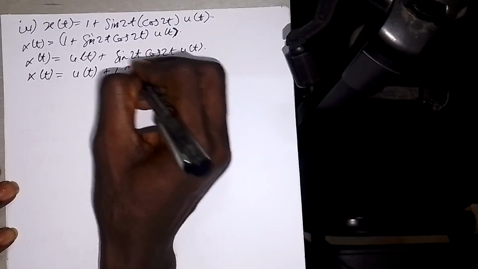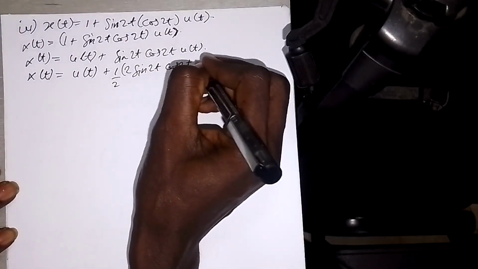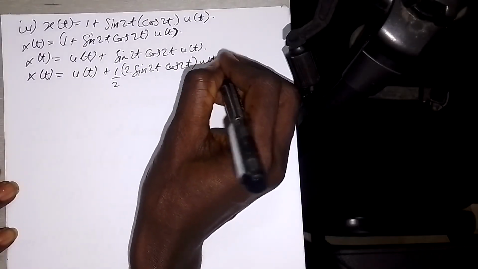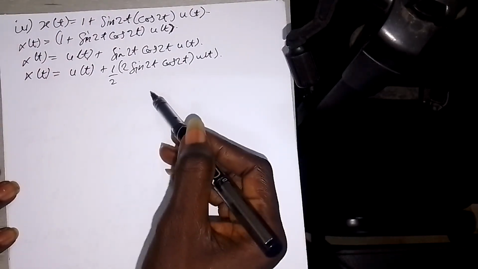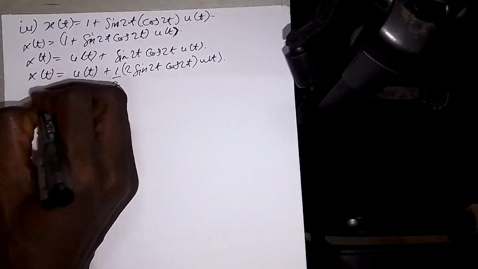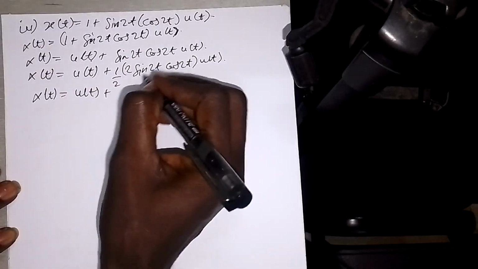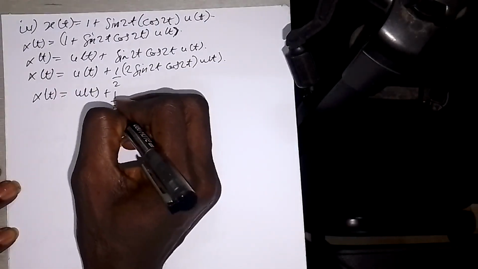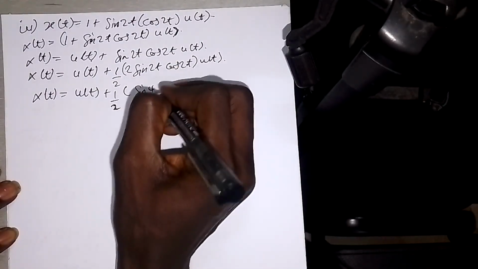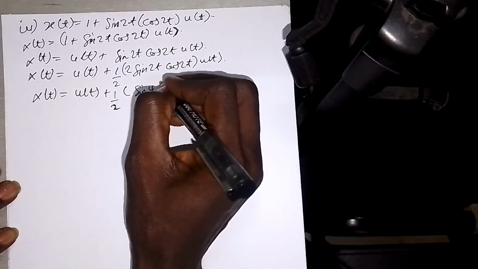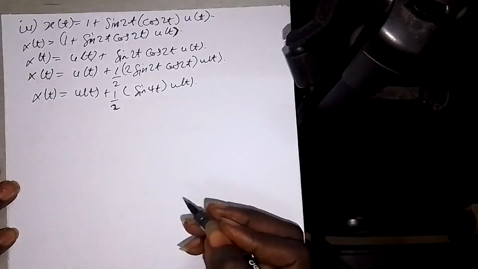So I'm going to have here sine 2t cos 2t into u of t. In trigonometry, this is equal to u of t plus 1 over 2 into sine 4t into u of t. So this is what I get here.